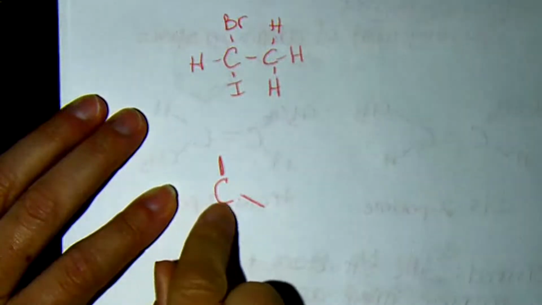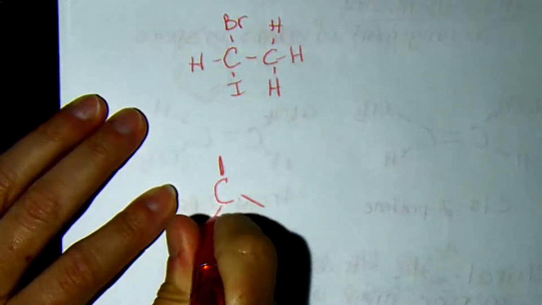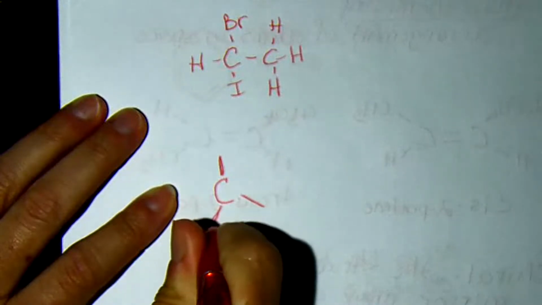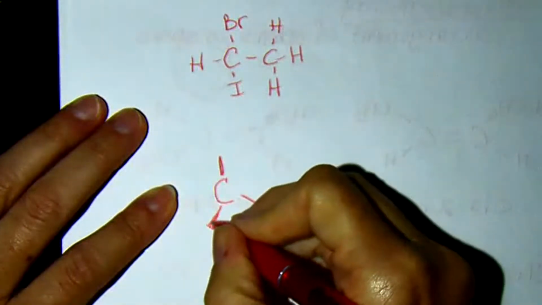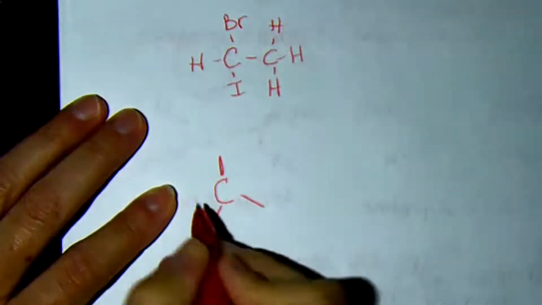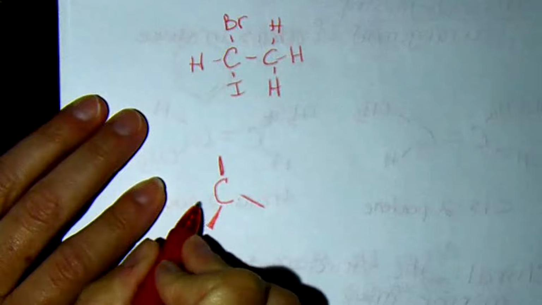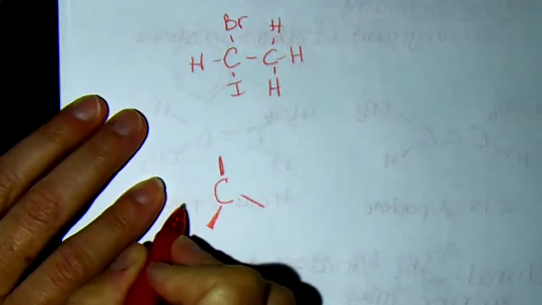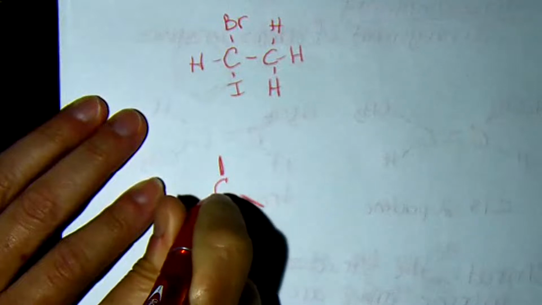You'll draw one down below that's angled, but it's going to be a solid wedge. So it looks like a triangle. And then you're going to draw one over here that also is kind of angled down, but instead of a solid wedge, it's going to be a dash.